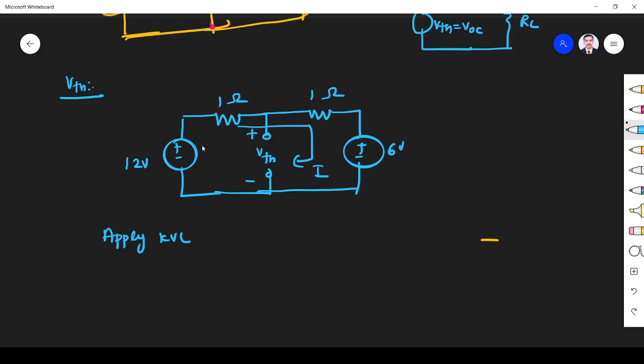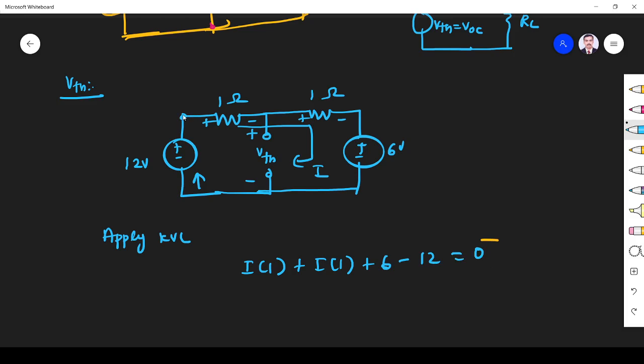So from here we will start. This is current flowing through this. This will assume plus minus. So from here I will start, right? So I into 1, here I into 1, here plus 6 volt, here it is coming and going through my negative terminal, so minus 12. This is equal to 0.